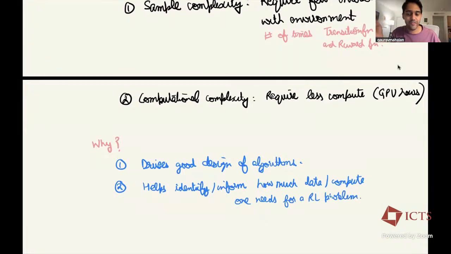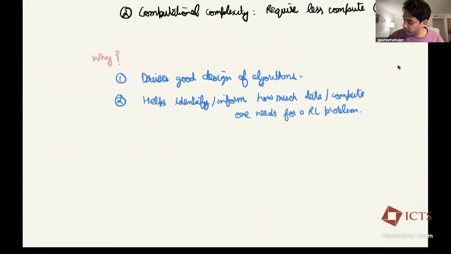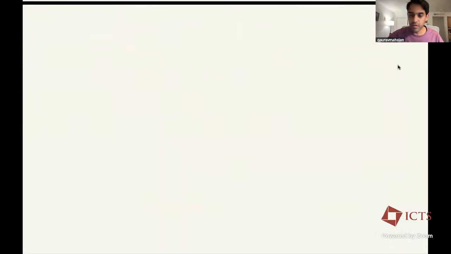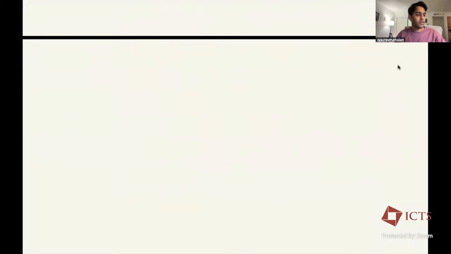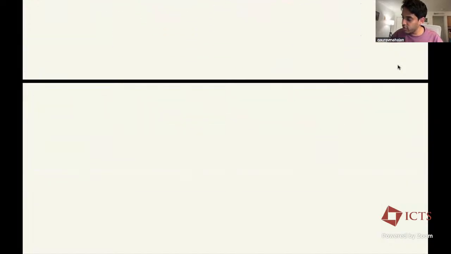But now we have much better ways of looking at this problem too, I guess all these scaling laws and stuff like that. So today we're just going to concentrate on sample efficient algorithms.